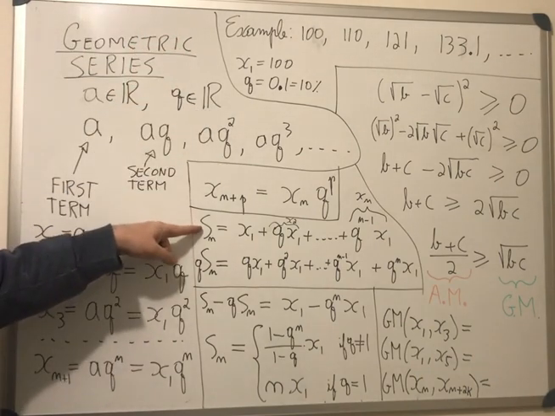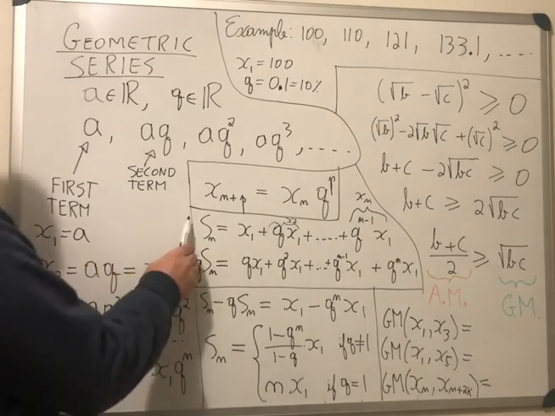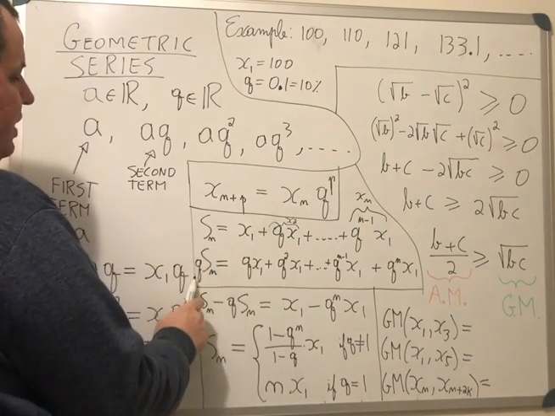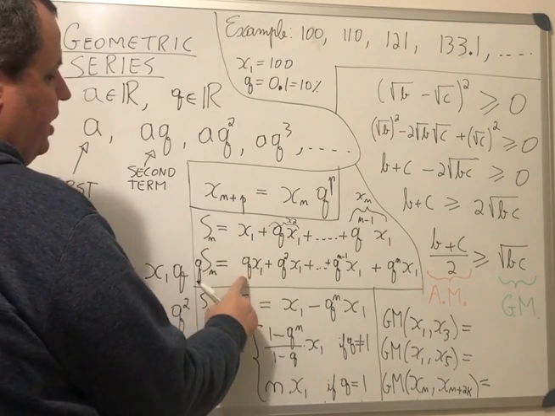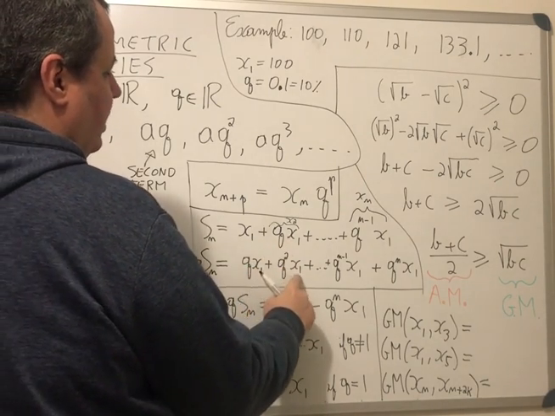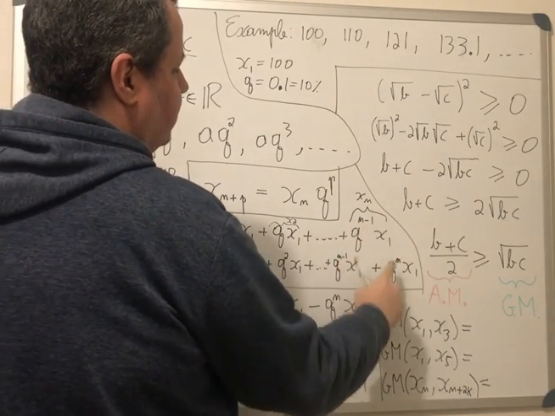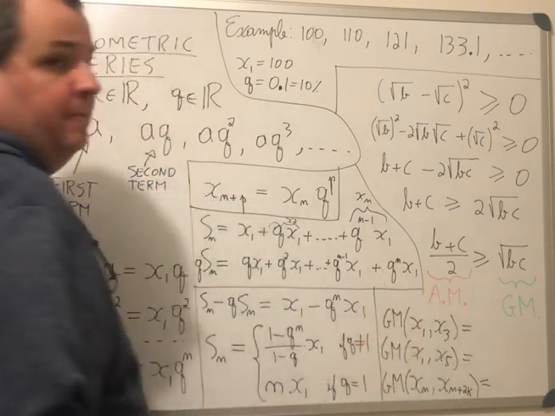To calculate this sum, I multiply every term by q, both sides. q times Sn: x1 becomes qx1, qx1 becomes q squared x1, etc., up to the last term multiplied by q, which becomes q to the power n times x1.